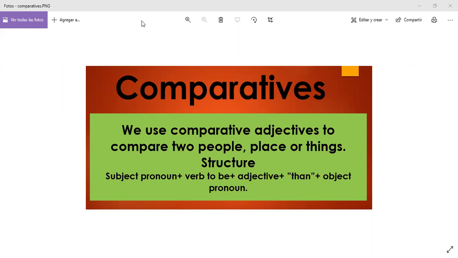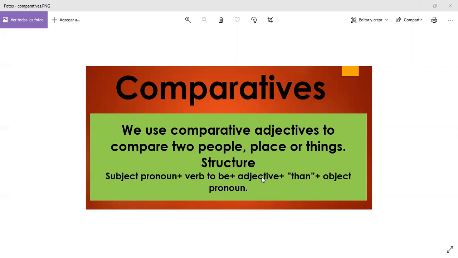We're going to practice with a structure that is about the subject pronouns, verb to be, adjective, then, that is the important word here for you to compare, and object pronouns. Here we are using adjectives, but in the comparative tense.